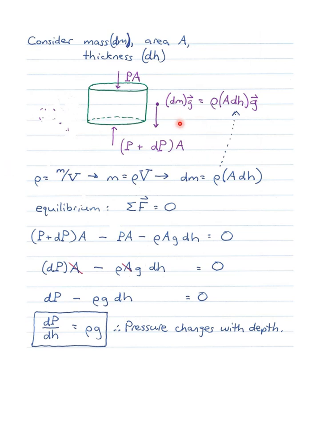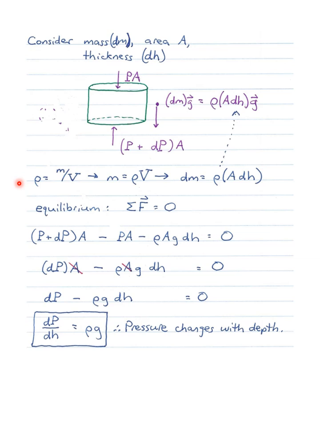You see these three force vectors: the one from the pressure pushing up, the one from the pressure pushing down, and then the weight. Let's talk about the weight. Instead of mg, I'll call it dm g. The density of the cylinder is mass divided by volume, and that means that its mass is density times its volume.